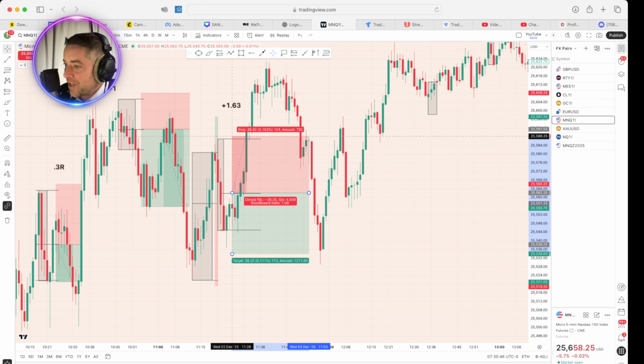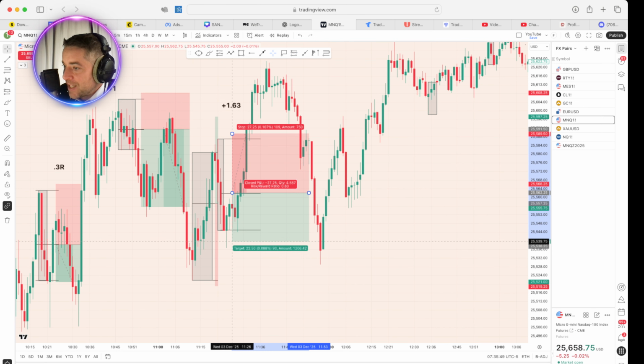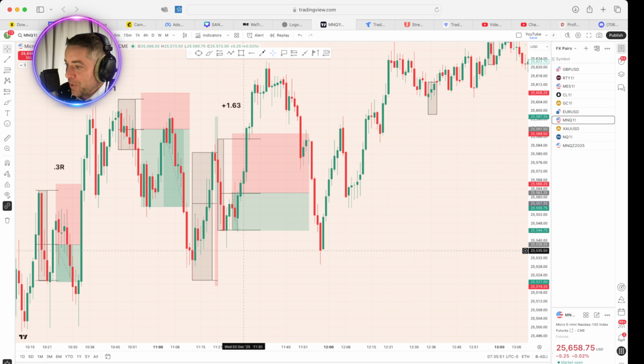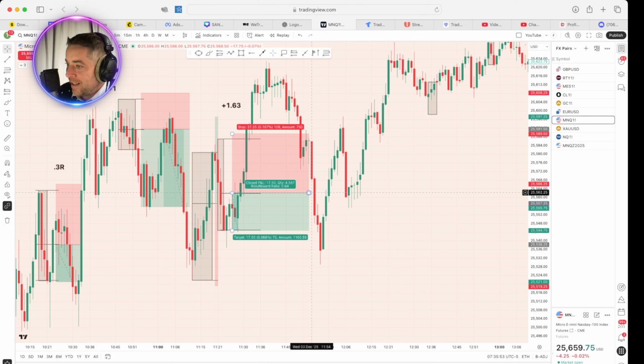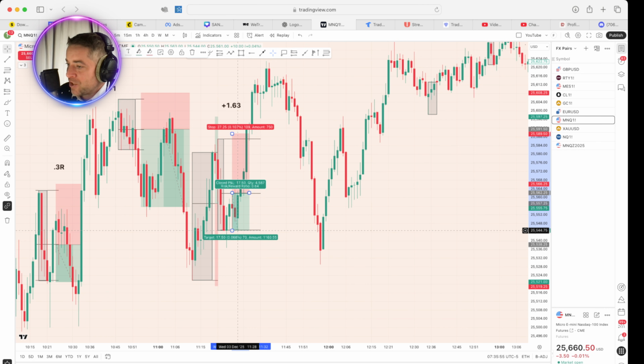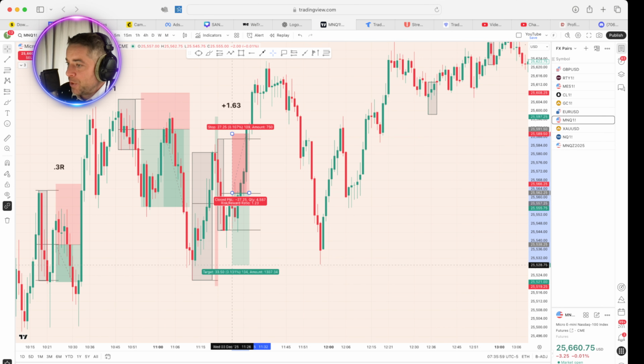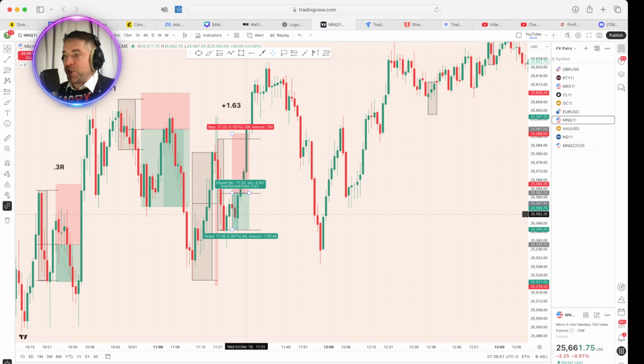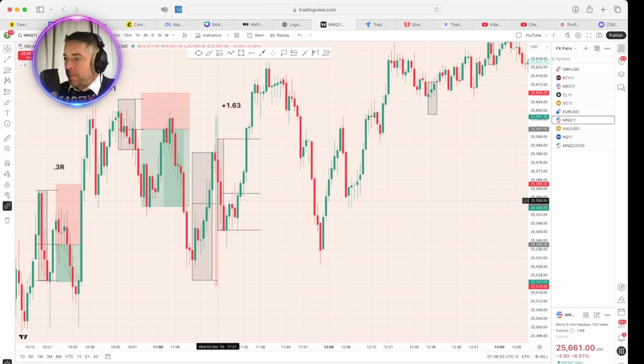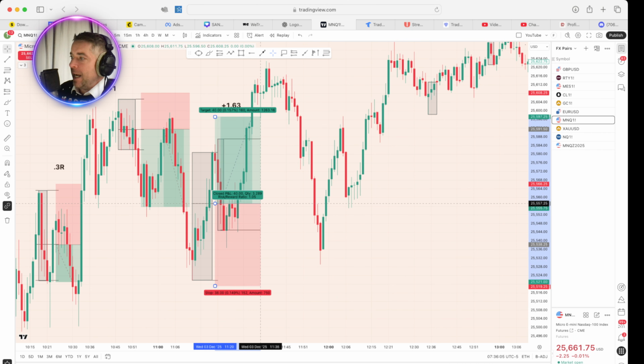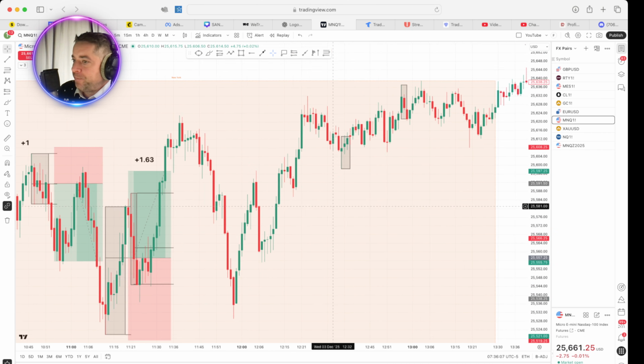So we would go to there. Nearest body close is there. You would get your win. As soon as that was hit, stops to break even, then you'd be targeting sort of down here, and you would go out at break even. So yes, that one would also win, but we're not going to include that one because we were in this trade here. And then we carry on.